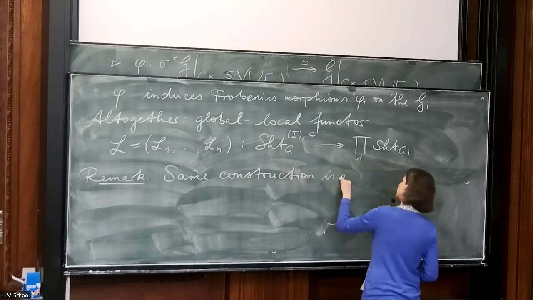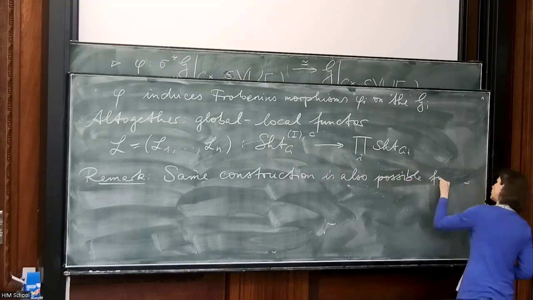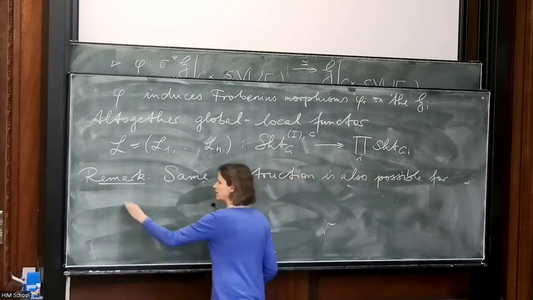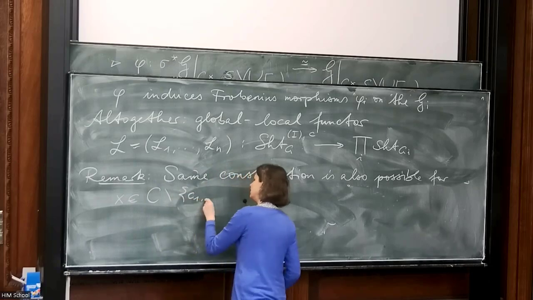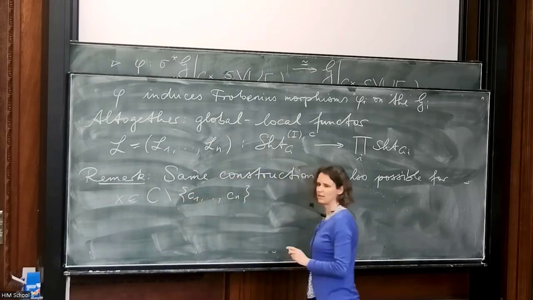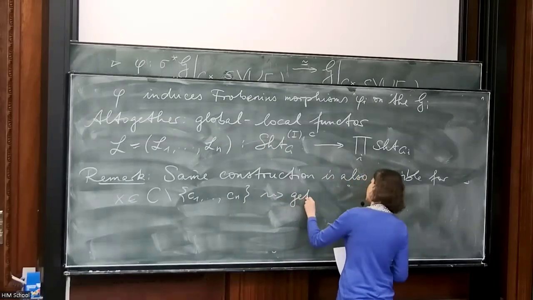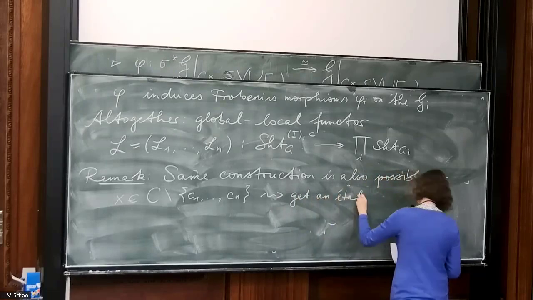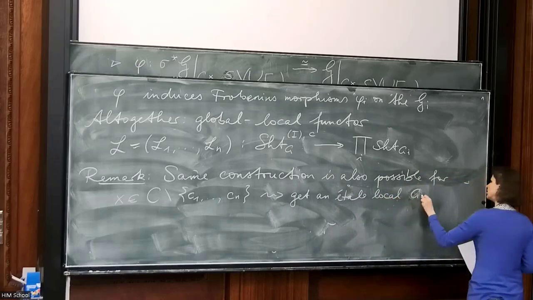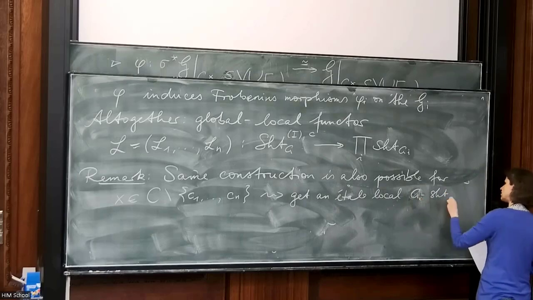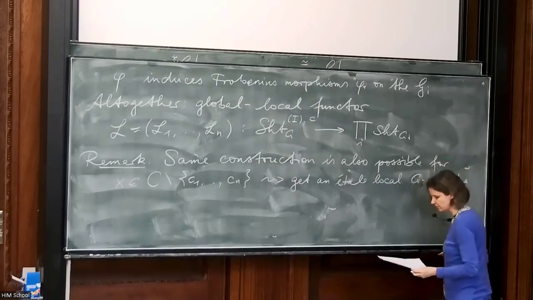It's also possible for points, say x, which are in C but not one of these legs. If you do this at any other point, then you get an étale local G_x-Shtuka.